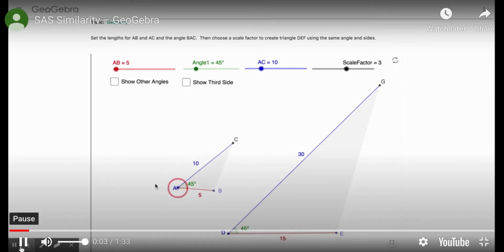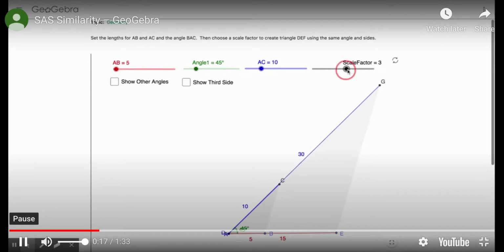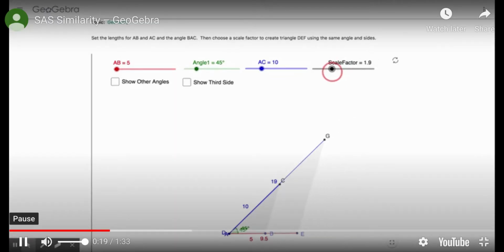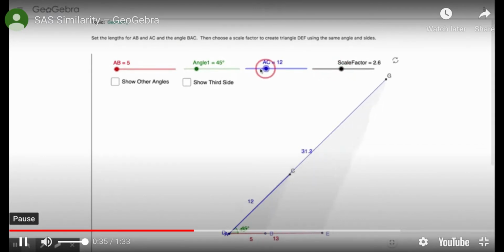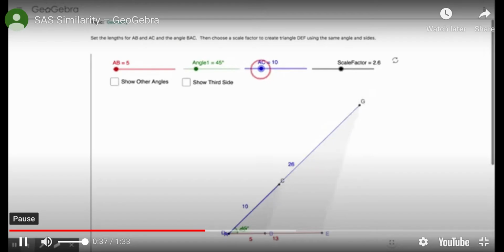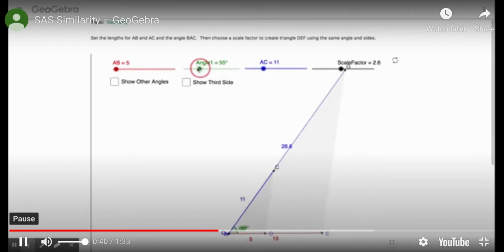So notice what happens. We slide, rotate, and then dilate to show through similarity transformation that these triangles are similar to each other. We can map one triangle onto the other triangle by a sequence of transformations: a translation, a rotation, and a dilation.